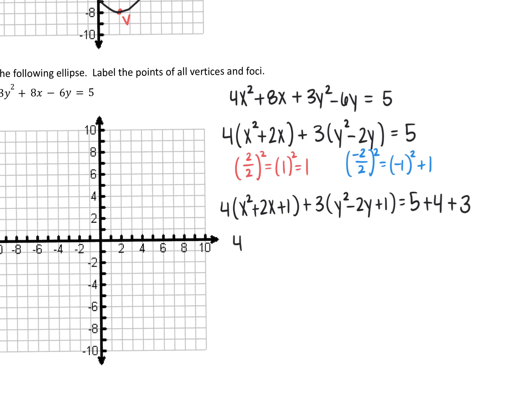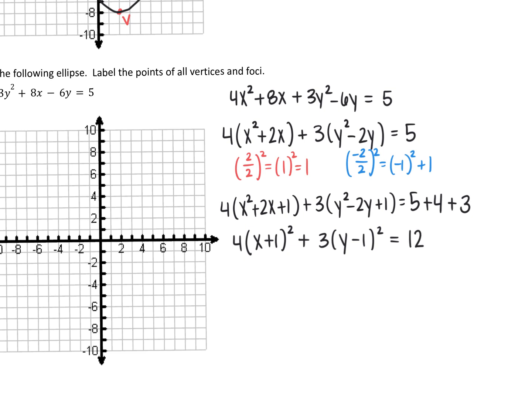So now when I factor, it'll be 4 times (x plus 1) squared, plus 3 times (y, and then whatever b divided by 2 was, which was negative 1) squared, equals 5 plus 4 plus 3, which is going to give us 12.